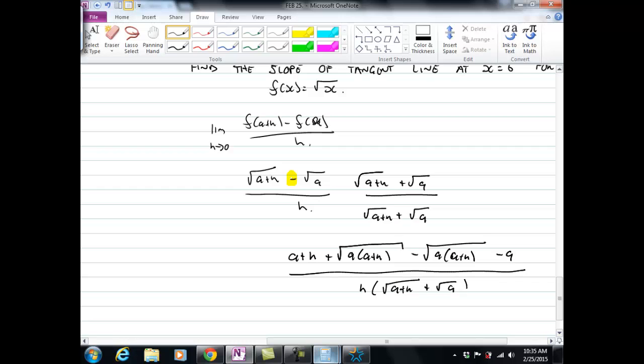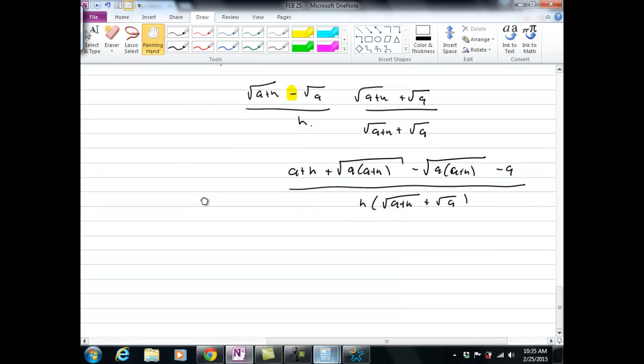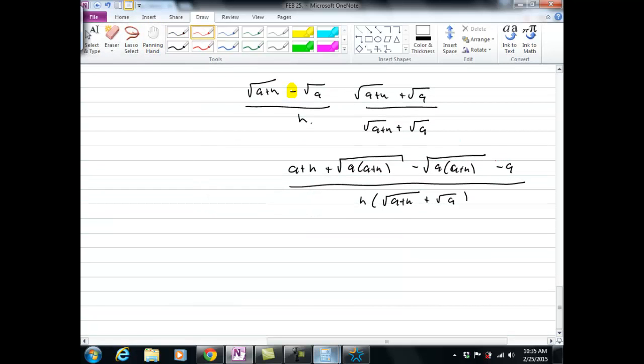Okay? The a's will cancel out. So what you're really left with on top is just a simple h. And thank goodness there's an h on the bottom, so this h cancels out. So what you're really left with is 1 over root a plus h plus root a, which, taking the limit of that, becomes 1 over 2 root a.